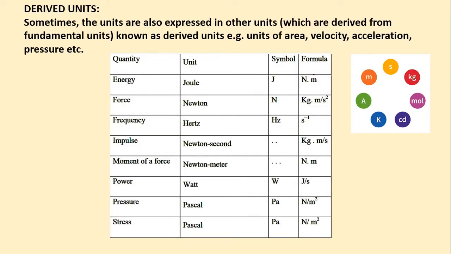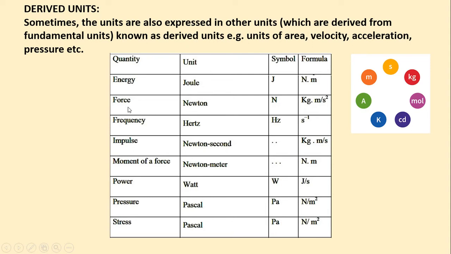Derived units: sometimes the units are expressed in other units which are derived from the fundamental units, known as derived units. For example, units of area, velocity, acceleration, pressure, etc. Here you can see the quantity energy, unit is joule, symbol is J, formula Newton meter.